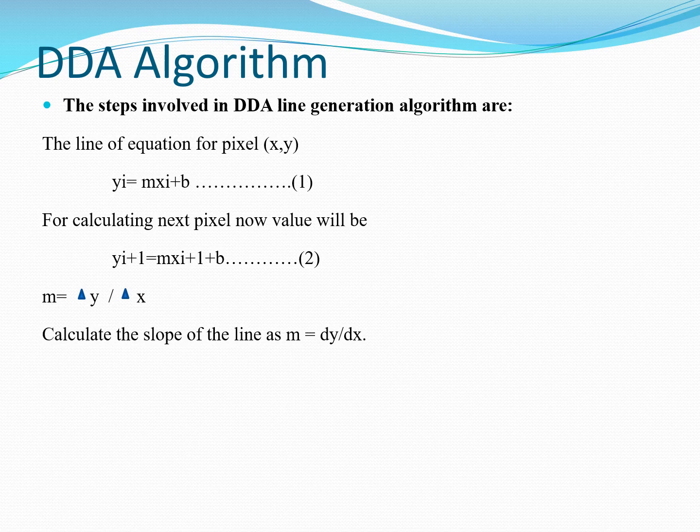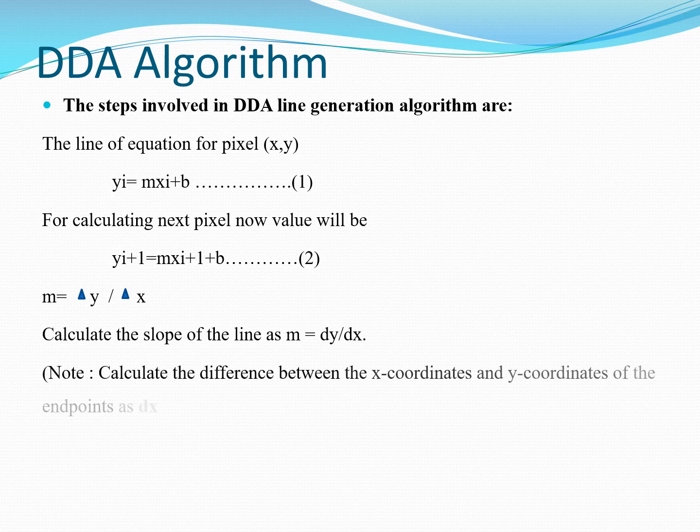The slope is indicated with m. The variable m is calculated by delta y divided by delta x, the difference between the y coordinates and the x coordinates. Instead of delta you can use dy and dx, where dx is x2 minus x1 and dy is y2 minus y1.